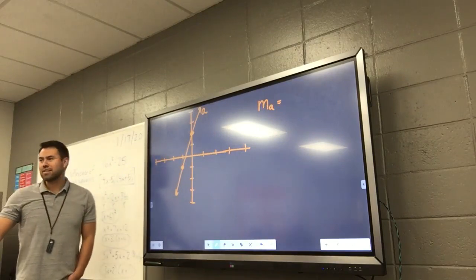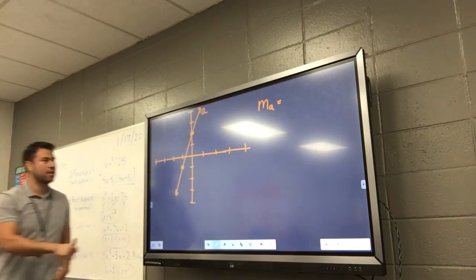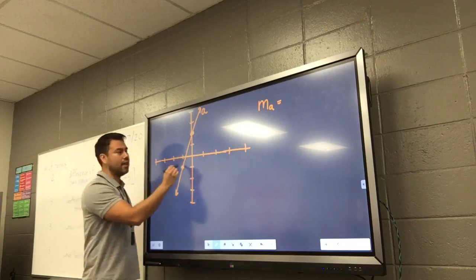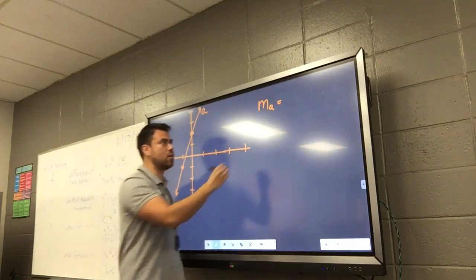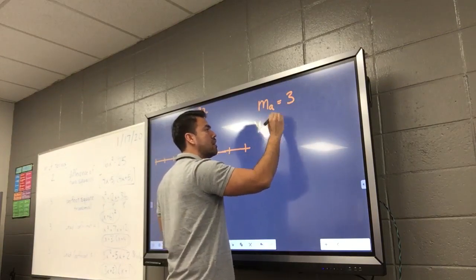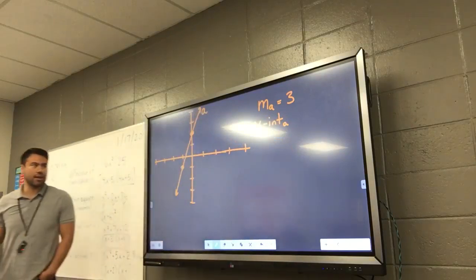We're not going to move fast. All right, the slope is going to be positive, right? You understand it's positive? It's up 3 over 1. So what's the slope? 3. And the y-intercept of the A graph is?